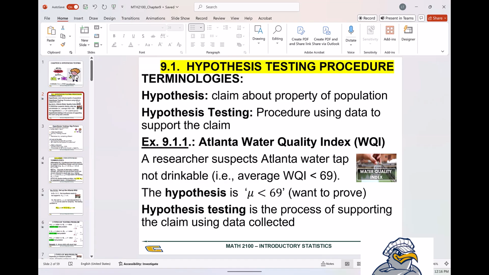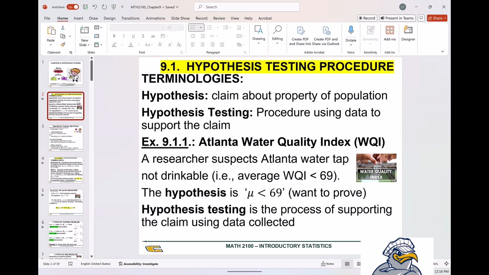In order to prove that he is correct, we need to translate it to scientific language. For environmental science, they have a criterion we call the water quality index. They can measure the water in a certain way and score 0 to 100. And if the score is less than 69, that water is pretty much not drinkable.